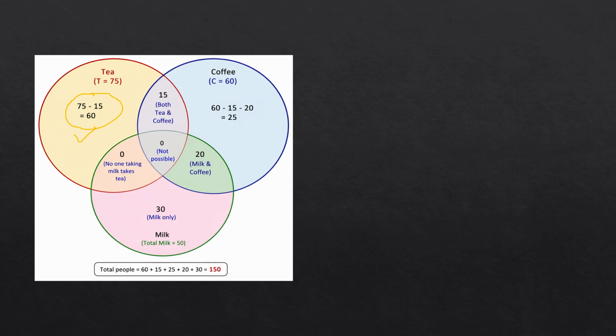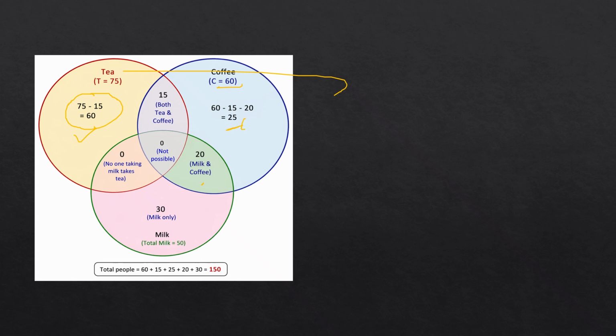So this is the only tea section. This is for your concept revision. Now second, coffee. For coffee, we have to first subtract 15 from 60, and then again we saw that there is an overlapping milk and coffee. So there are 20 persons who took milk and coffee, so we will subtract again: 60 minus 15 minus 20.